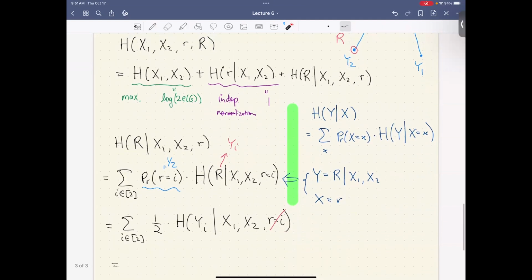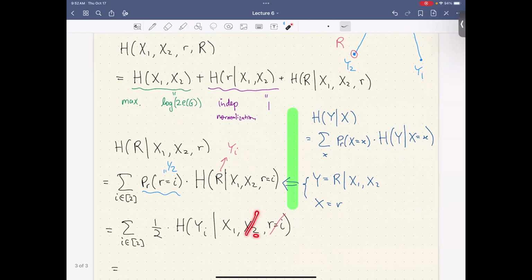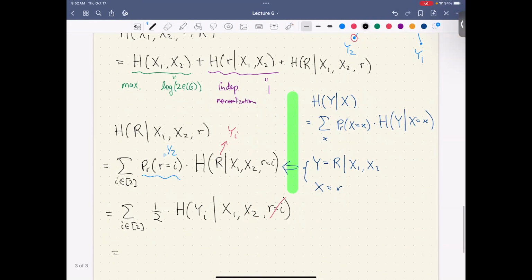So we can drop the one that has a different index. It's 1/2 H of y1 given x1, x2 plus 1/2 H of y2 given x1, x2.